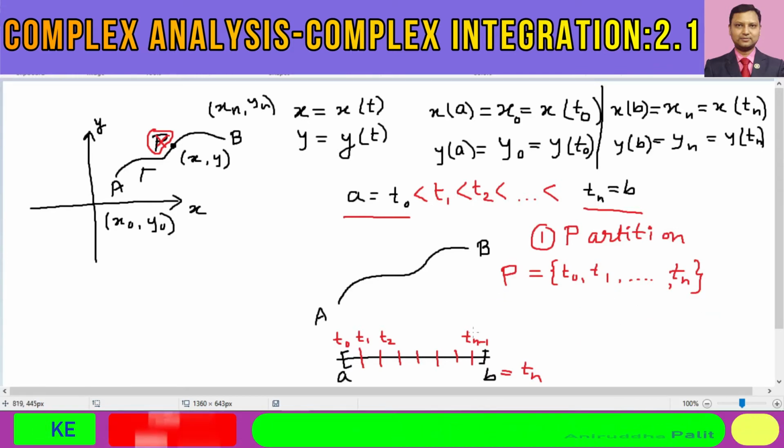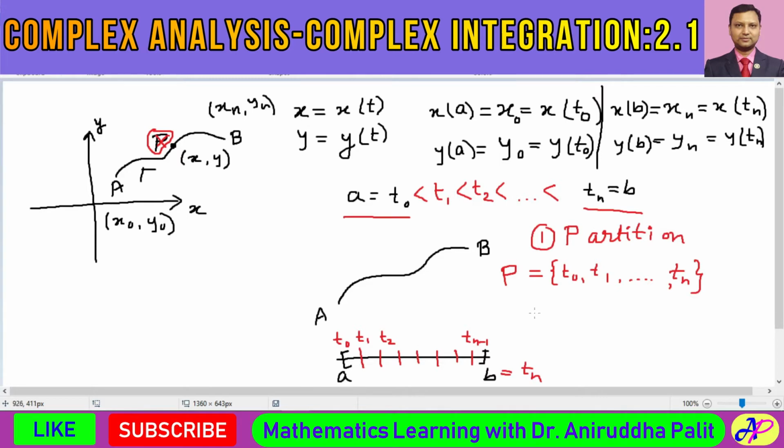And what is the length of each such interval?